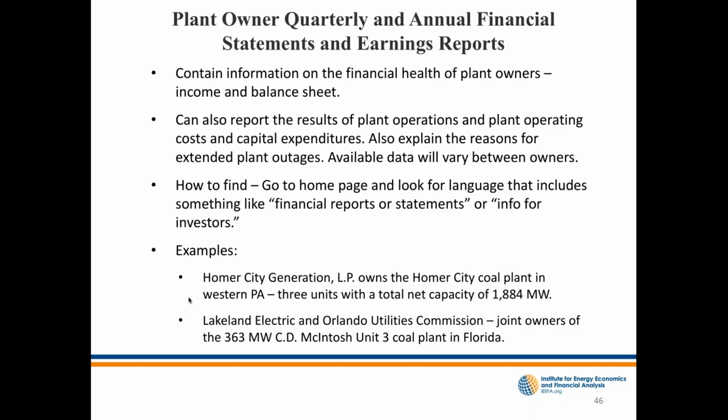That information is not in the EIA beyond fuel costs. There are also significant variable and fixed O&M expenses at a power plant, and there are also, as I mentioned before with regards to FERC Form 1, annual CapEx expenditures.